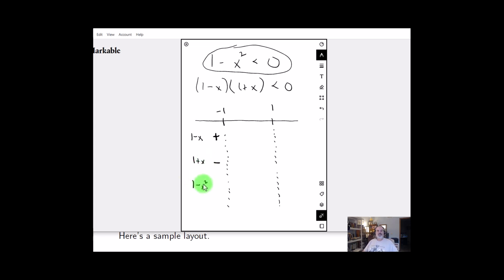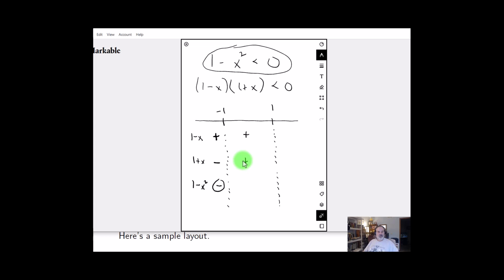Now, 1 minus x squared is just the product of 1 minus x and 1 plus x. So if 1 minus x is positive and 1 plus x is negative, 1 minus x squared, the product of those two numbers, is going to be negative. For numbers between negative 1 and 1, like 0, 1 minus x will be positive, and 1 plus x will be positive.